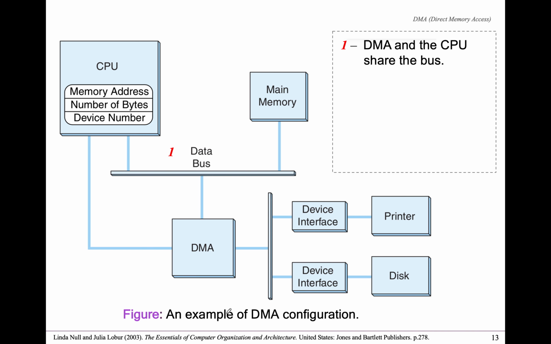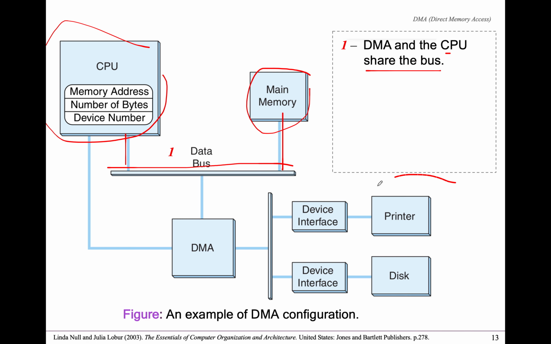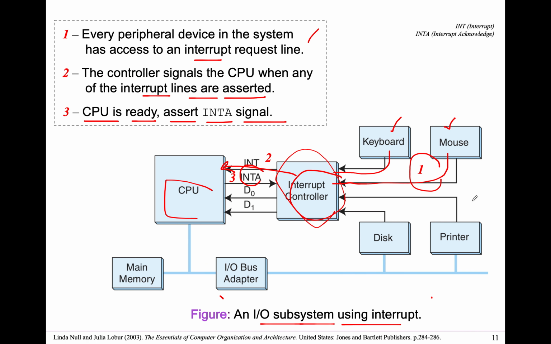Okay, here you can see, first of all, the DMA and the CPU share the bus. So you're going to see you have the CPU and your memory, and they share the same bus over here. And of course, you have similar things as previously under your interrupt.